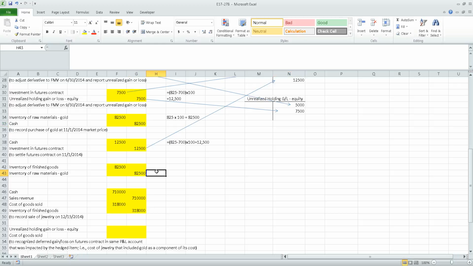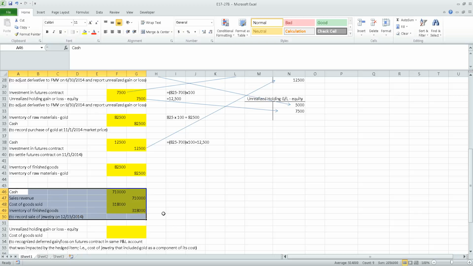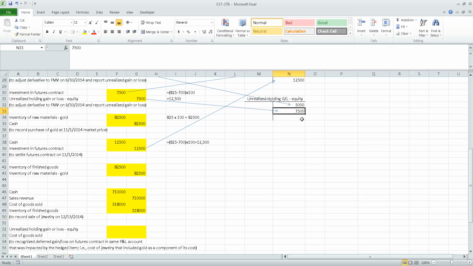The acquisition of the gold occurred on November 1st, 2014, but the transaction didn't work its way to the income statement until December 15th, 2014, when we actually sold the finished goods, actually sold the jewelry for which we bought the gold to begin with. So it is only when that transaction hits the income statement via this journal entry here that we're going to recognize this unrealized holding gain or loss.